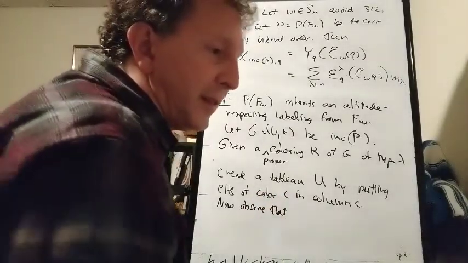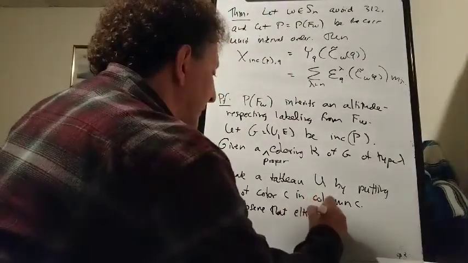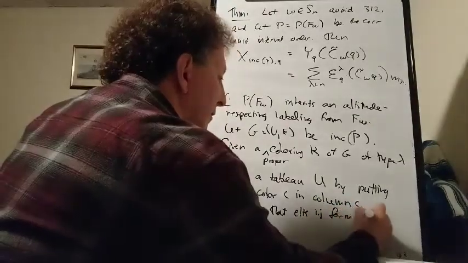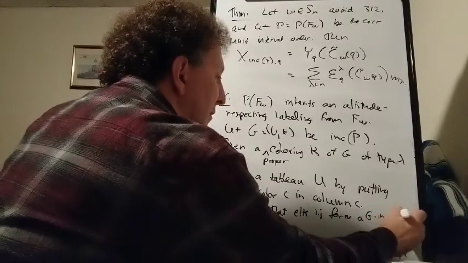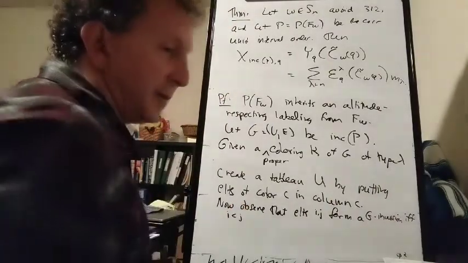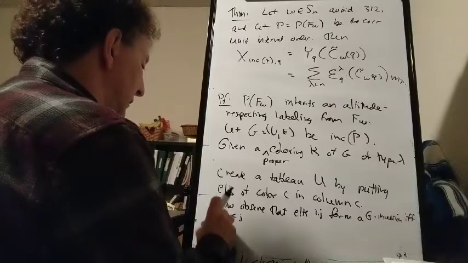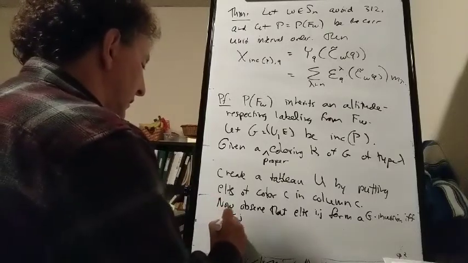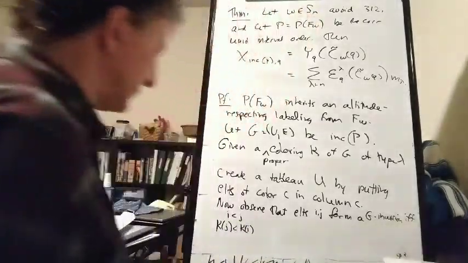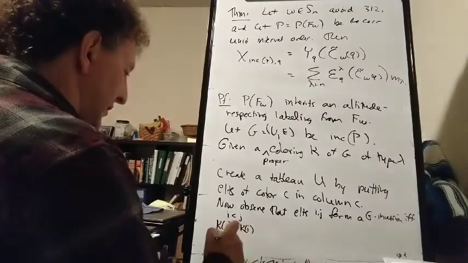Now let's observe that elements I and J form a G inversion if and only if, first of all, I is less than J, and then the color kappa of J is less than kappa of I, and I and J as a pair belong to the edge set.